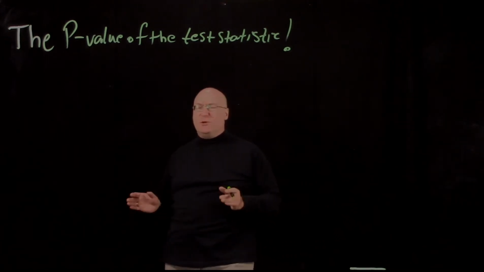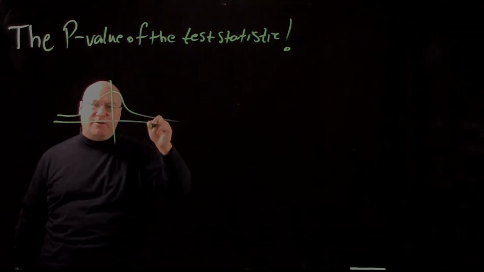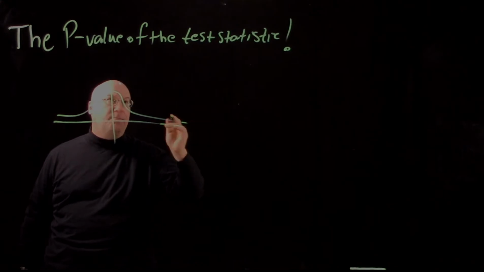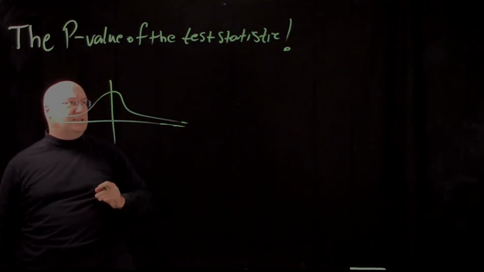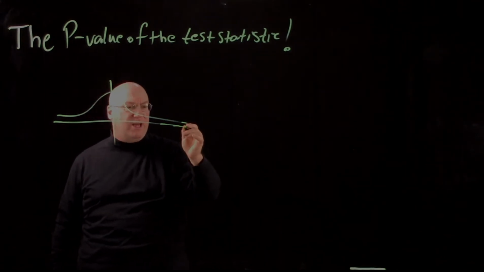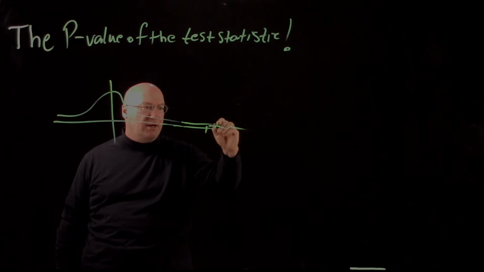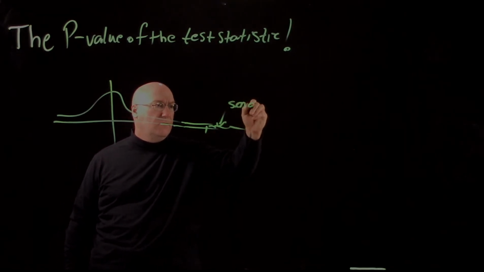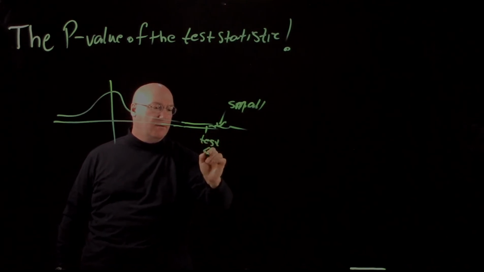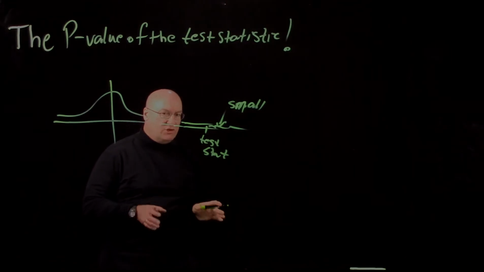If you think about it, that's really what you want to do, because let's just say it's a right-tailed test. I don't have a cutoff, right? I don't have a critical value. But my p-value for my test statistic will tell me the tail probability associated with it. If the p-value is very, very small, that means I'm way out here, right? Small p-value, here's my test statistic. If it's small, I'm more inclined then to reject the null.